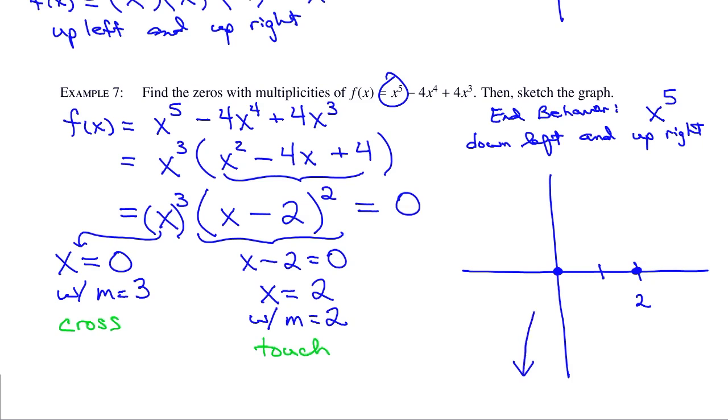We know that the graph is going to cross through x equals 0 because of the multiplicity being odd. It's going to turn around, and it's going to touch the x-intercept at 2, and then it doesn't have any more x-intercepts, and it just keeps going, and it's up on the right side.